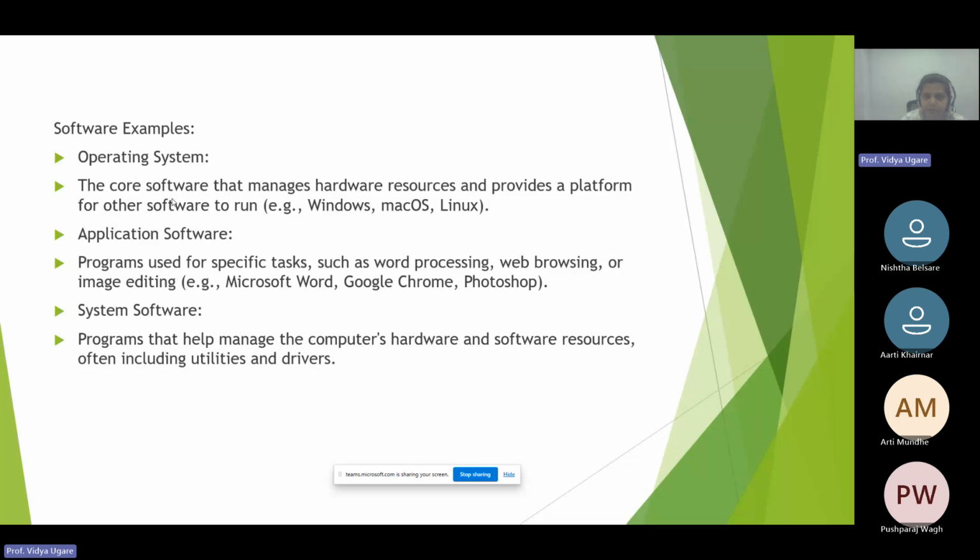Without a platform, the home cannot be built, or even if it is built, it is not strong. Similarly, the operating system is a mandatory core software, without which nothing is possible. The core operating system is going to manage all the hardware resources. It is going to work as a platform.